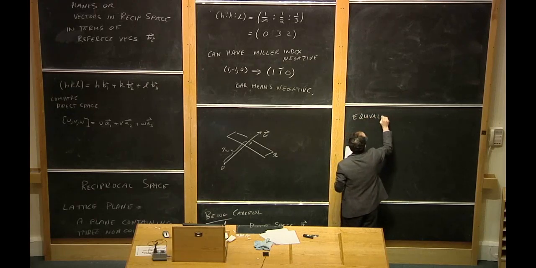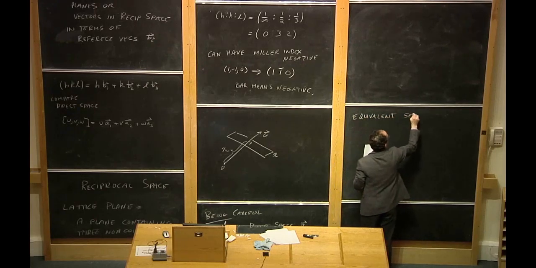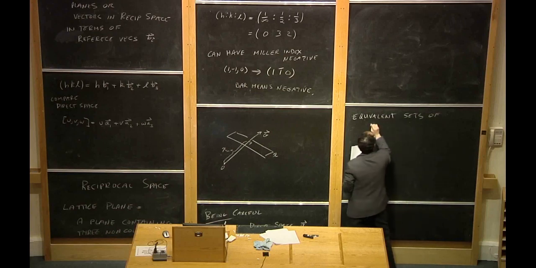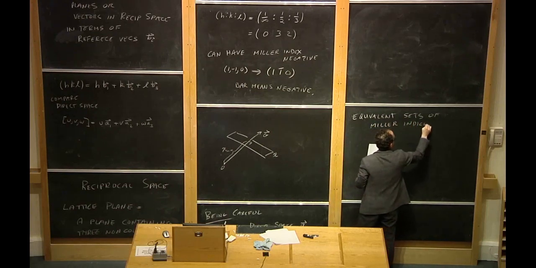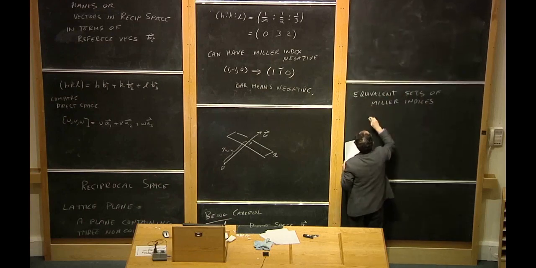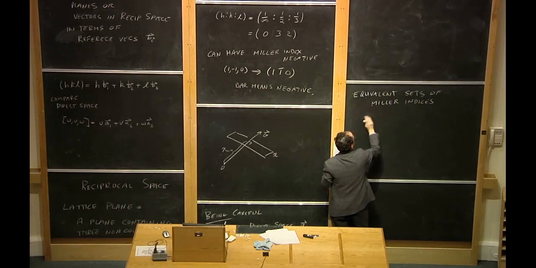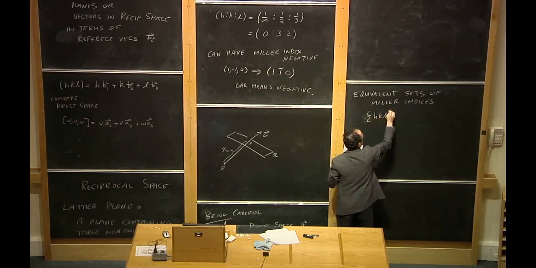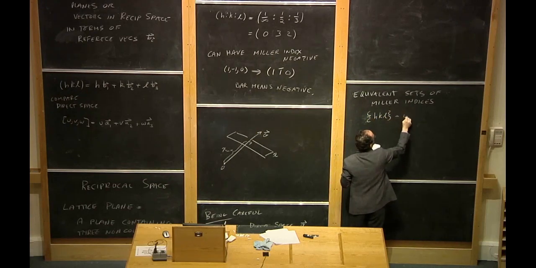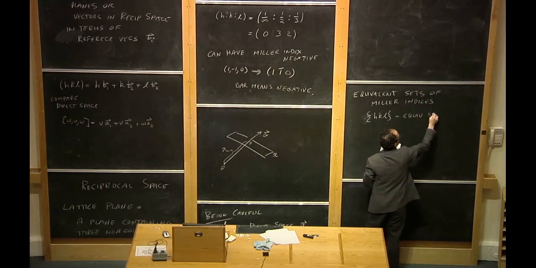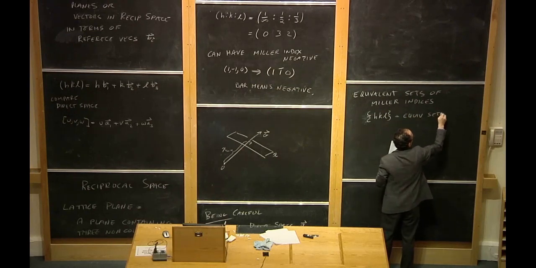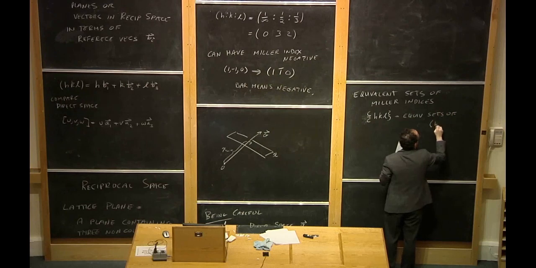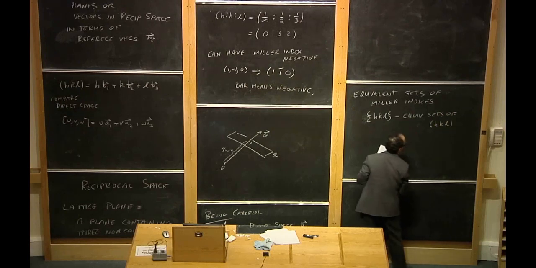Equivalent sets of Miller indices, which we notate with curly brackets. Okay, that was a terrible curly bracket. Like that, HKL, which means equivalent sets of HKL in regular parentheses.